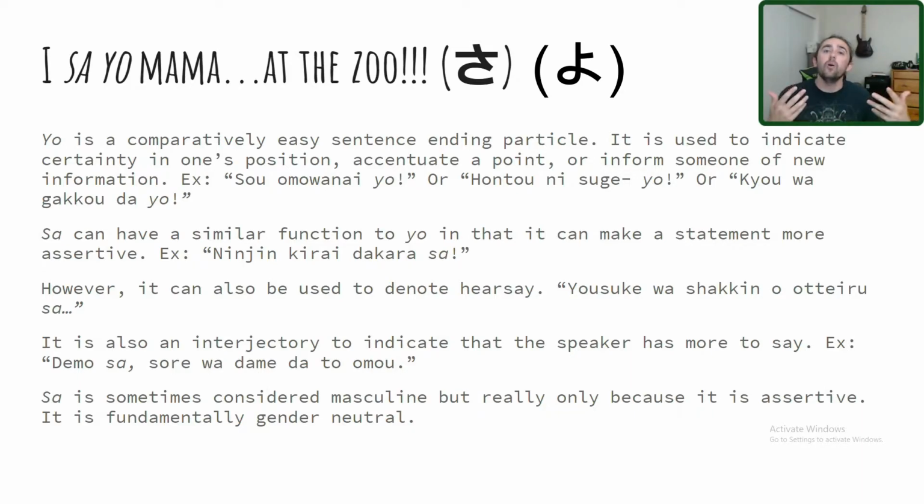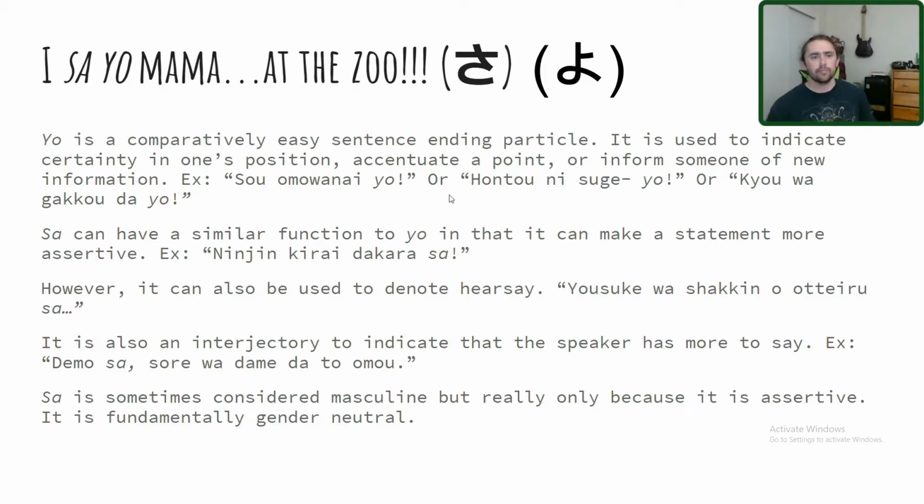But with yo, the other party doesn't know. Maybe you don't expect them to know, so you are going to inform them and punctuate it with a yo. So you could be like そうもないよ, which means I don't think so, right? I've got the negative at the end, so I don't think so.